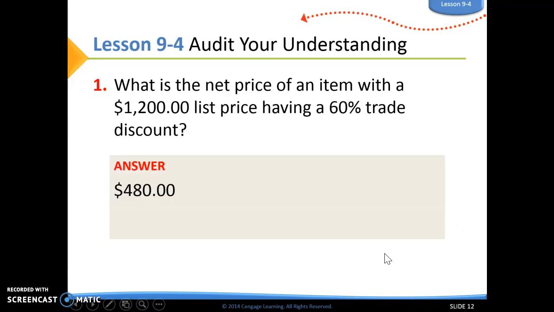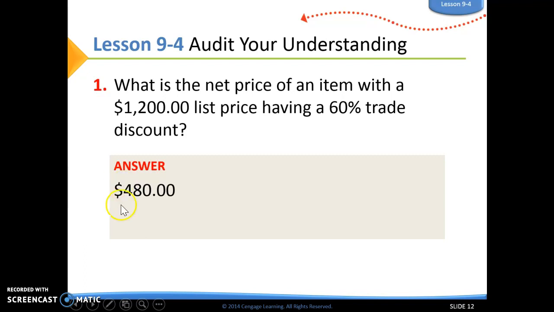Okay, there's actually 2 ways that we can do this. If we were to take 1,200 times 60%, that gives us a discount of $720. But they're asking us what is the net price. So we would then need to take 1,200 minus the $720 discount to get 480.